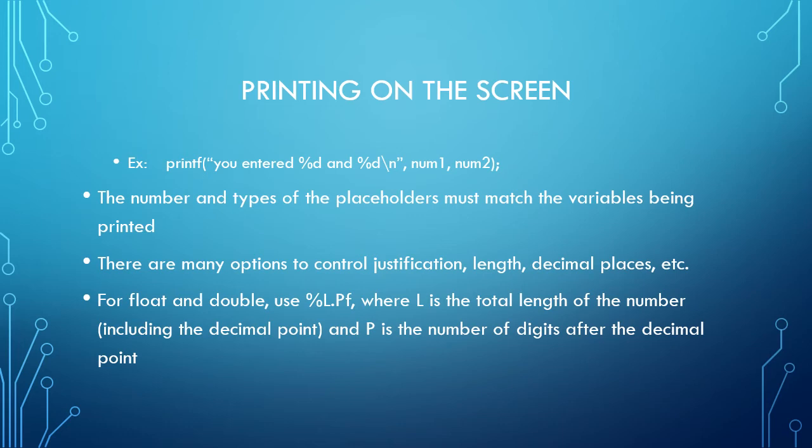The whole number part, the decimal point, and the fractional digits. And then P is the number of digits after the decimal point. So you're going to use L spaces to print, and the value is going to be printed with P decimal places.